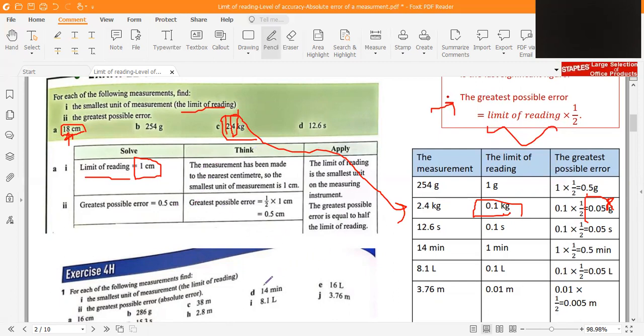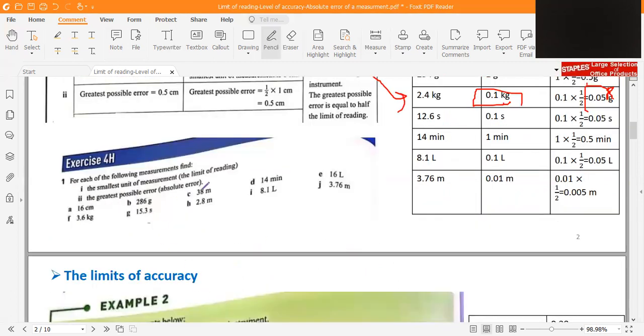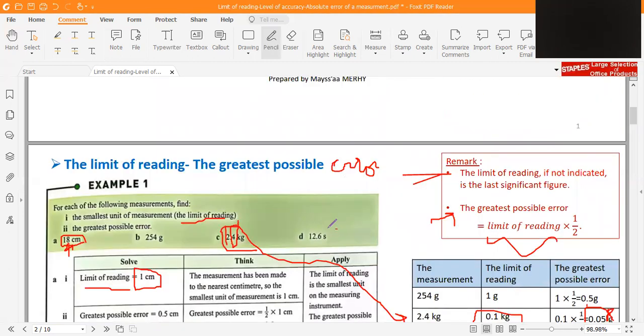For example, 12.6 seconds. So the first significant figure, second, third one, which is the last one. So 6 is located in the first decimal place.